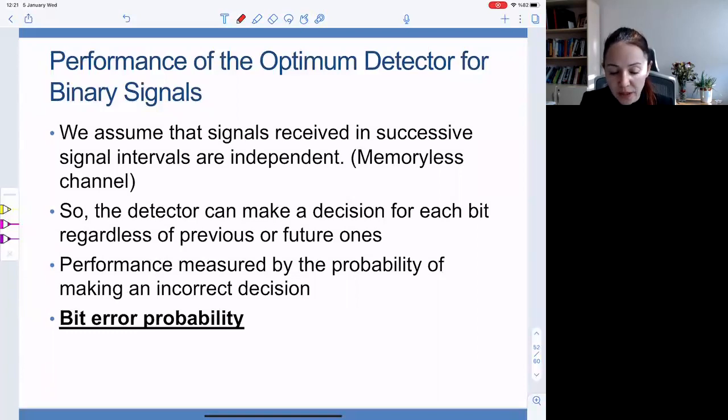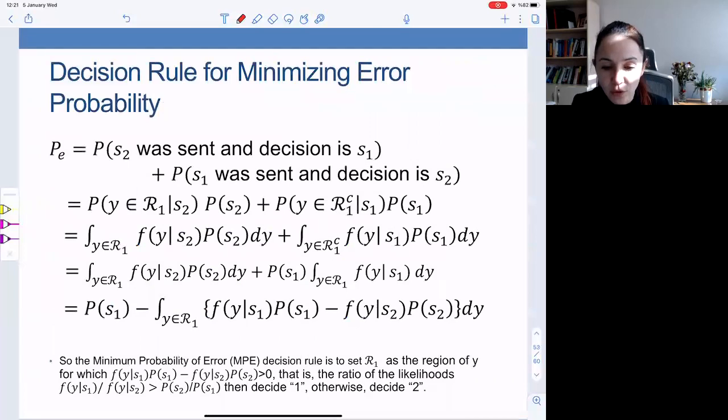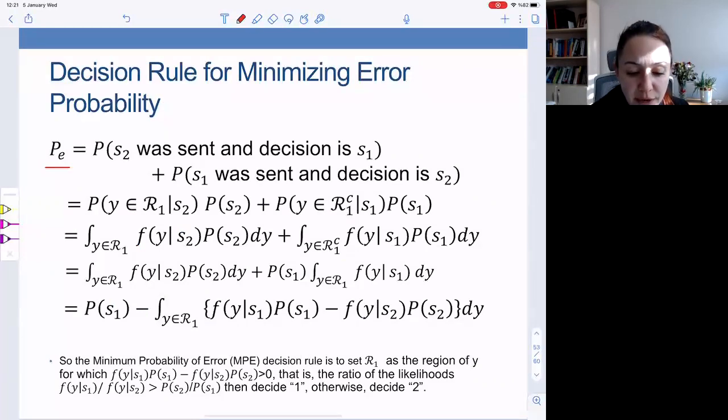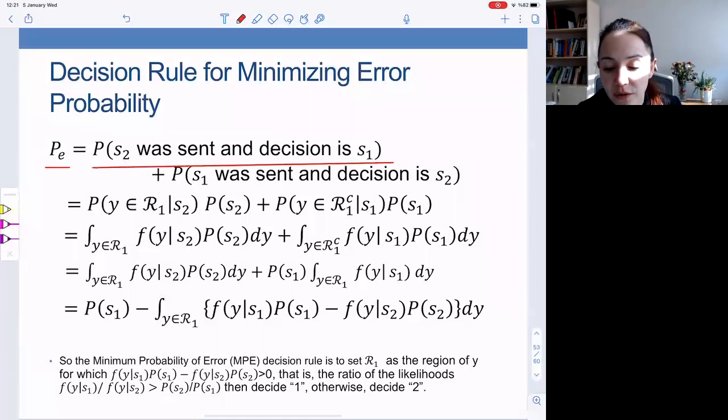The performance is going to be measured by the probability of making an incorrect decision, which is called the bit error probability. How can we express this bit error probability? The probability of bit error is the probability that the second type of signal was sent and the decision we make is that the first type of symbol was sent.